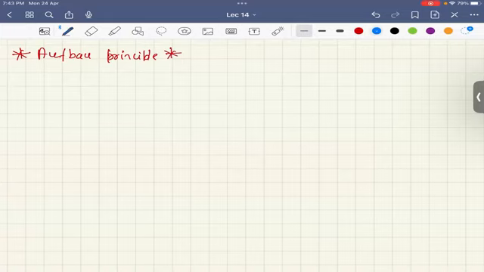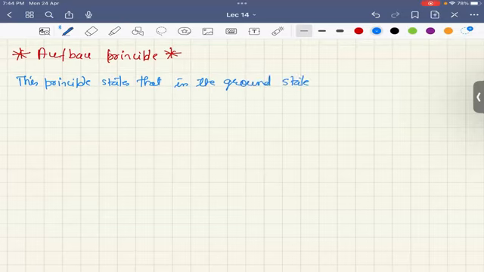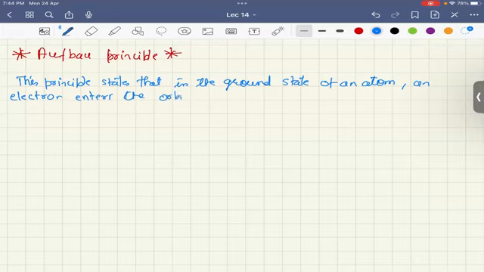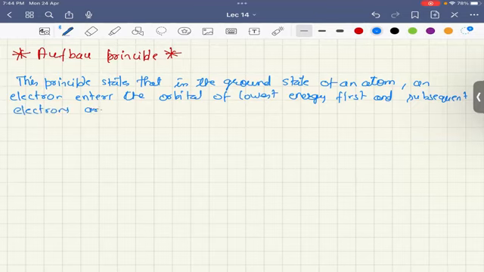It says that in the ground state of an atom, an electron enters the orbital of lowest energy first, and subsequent electrons are fed in the order of increasing energies. The word Aufbau in German means building up, right?